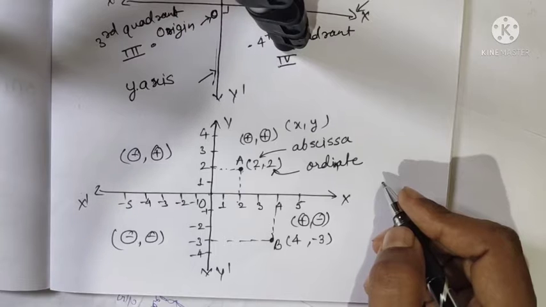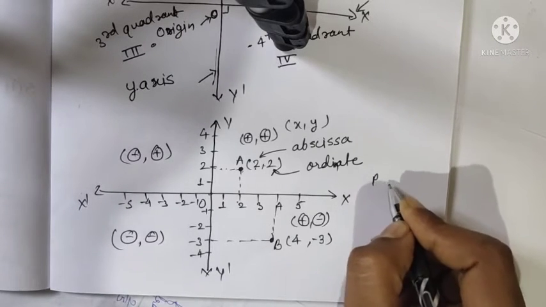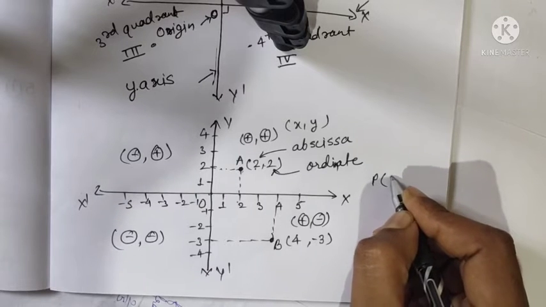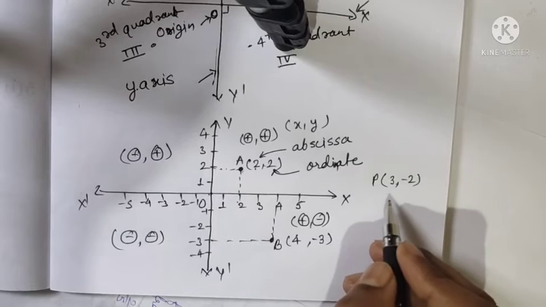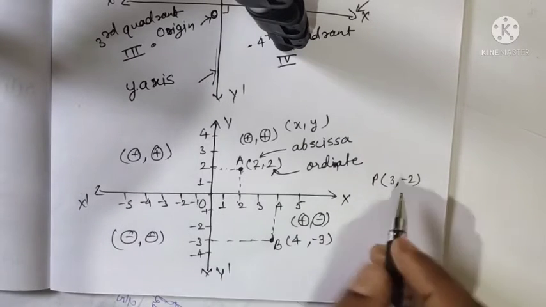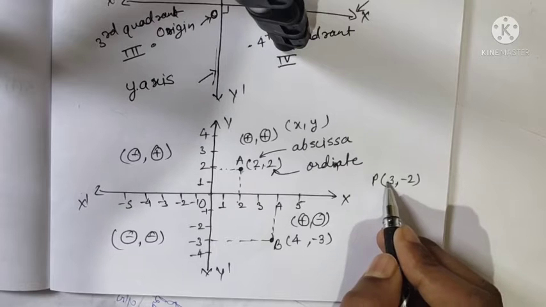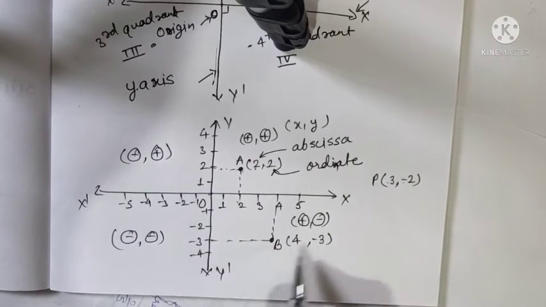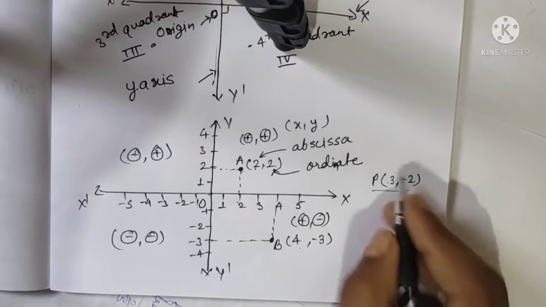So if there is a question: find in which quadrant point P lies, and the value of P is given as (3, -2), then we know this by checking the signs of the coordinates, that is (+, -), and (+, -) lies in the fourth quadrant, so P lies in the fourth quadrant. Simple.